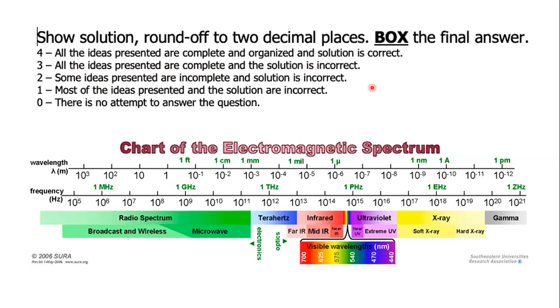Some ideas presented are incomplete and the solution is incorrect. You will get 2 points. One point if most ideas presented in the solution are incorrect, and 0 if there is no attempt to answer the question. I hope you're clear with item number 3, or the 3 points.